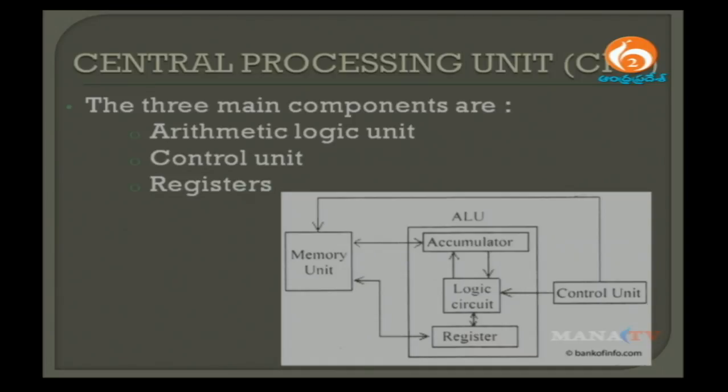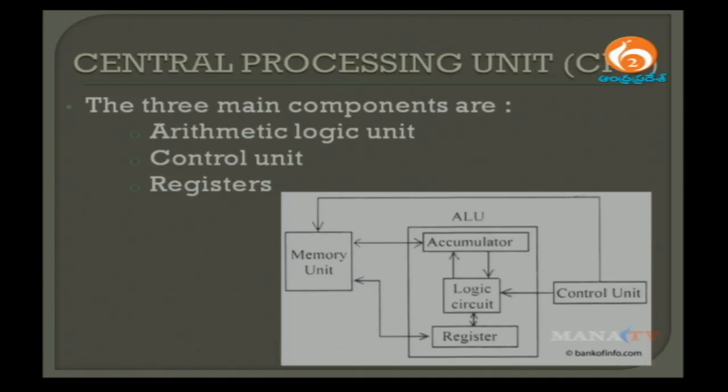So when I say ALU, you have accumulator, logic circuit, and the registers. You have a separate part, the control unit, and you have registers. So please remember this. I'll read it once again for you. The three main components are arithmetic logic unit, control unit, registers.